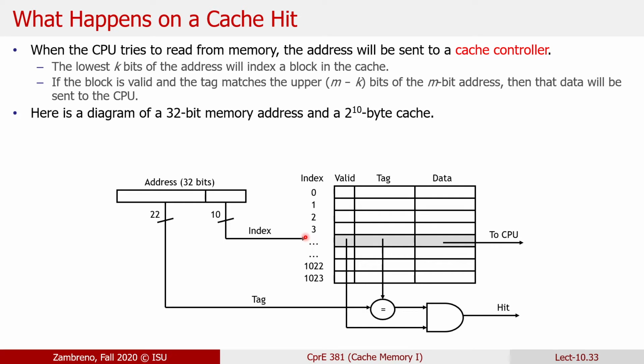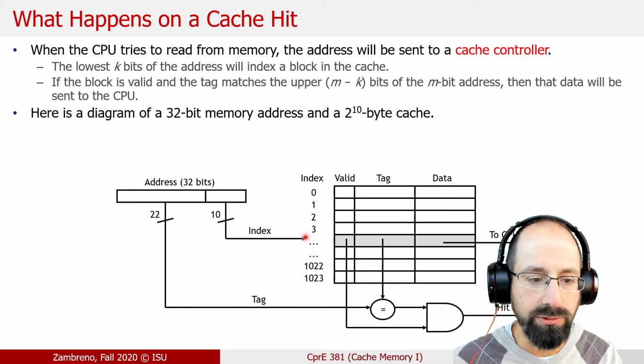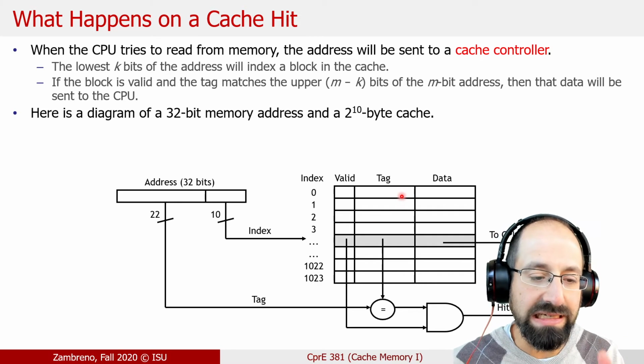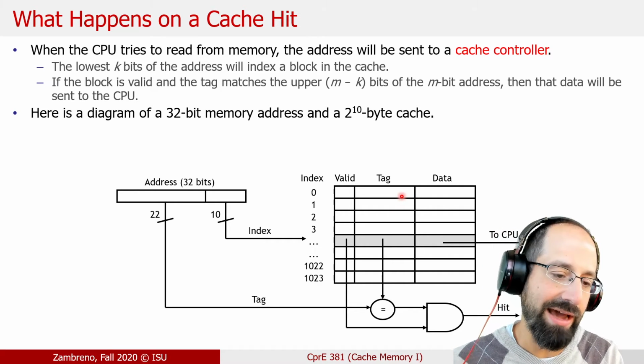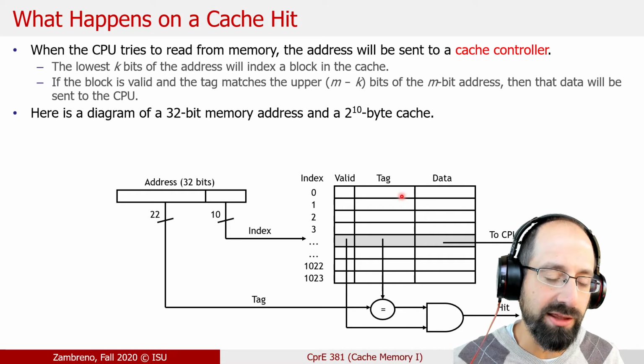And again, what separates a hardware cache from a software managed cache, which we do all the time when we write software, is that there are hardware mechanisms that allow us to determine whether the value we want is in the cache or not. The load word instruction doesn't need to be aware of whether or not the value is in the cache.